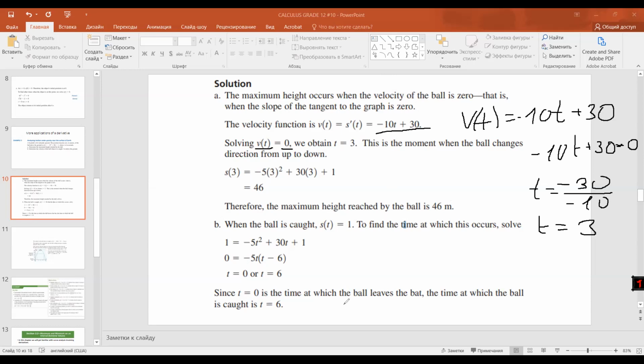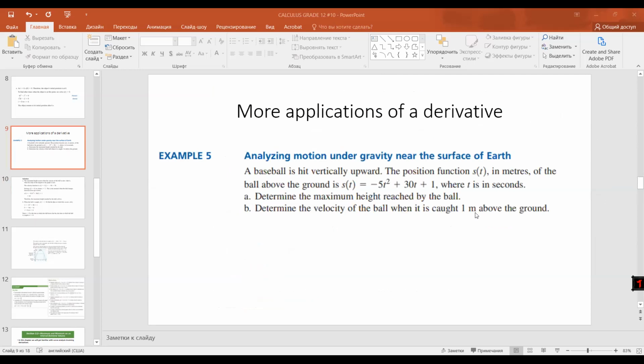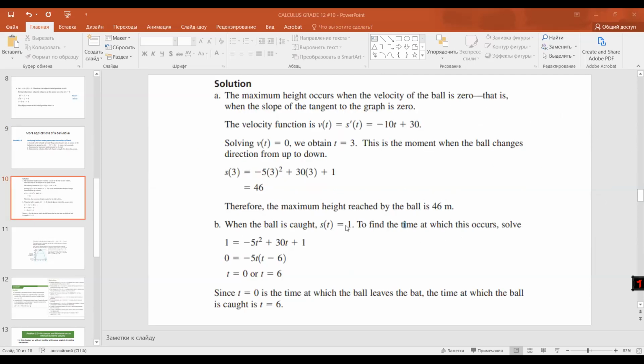Question B. Determine the velocity of the ball when it is caught 1 meter above the ground. So what does it mean? It's going to be 1 meter above the ground at the start and at the end of its flight, because we launch it from 1 meter above the ground and we catch it 1 meter above the ground, right? Do you agree with me? Yeah.